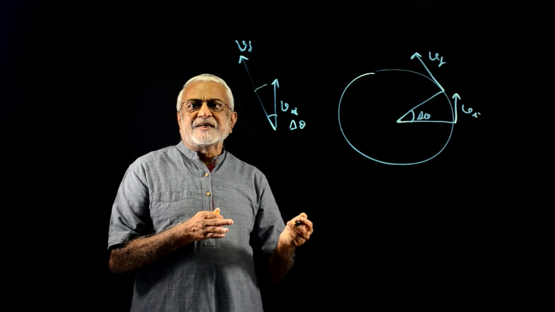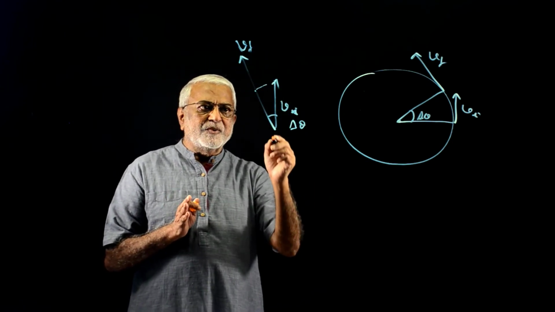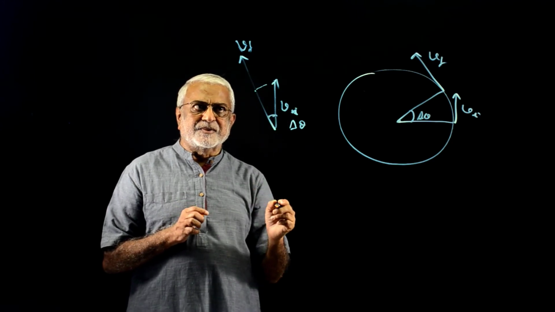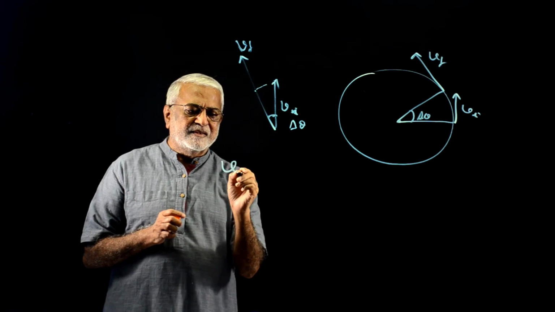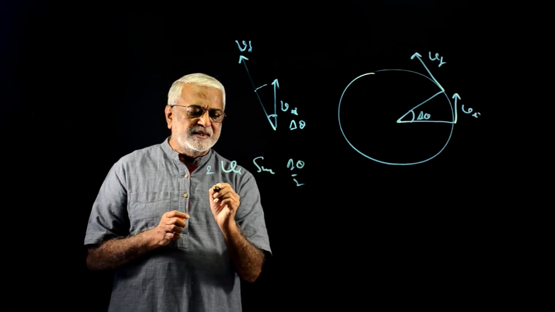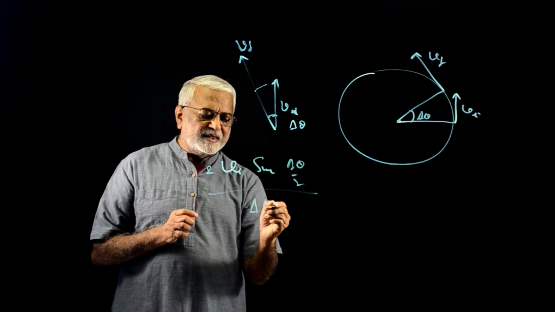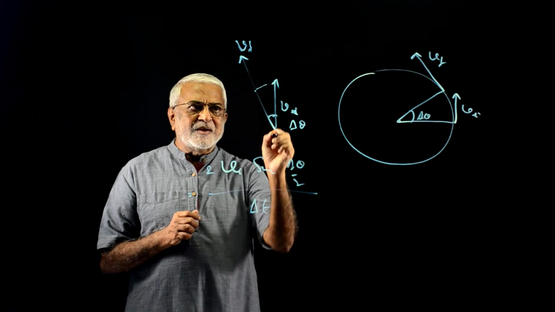That divided by delta t will give us the acceleration parallel to this line, and that calculation we're going to do when this delta theta tends to 0. So you're going to get, this is vi sine delta theta by 2, twice that divided by delta t. That's the acceleration normal to this velocity.